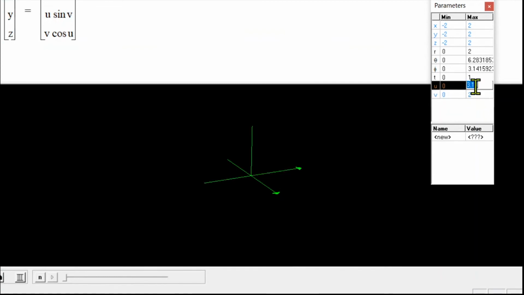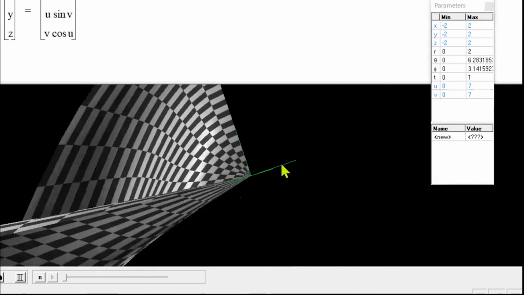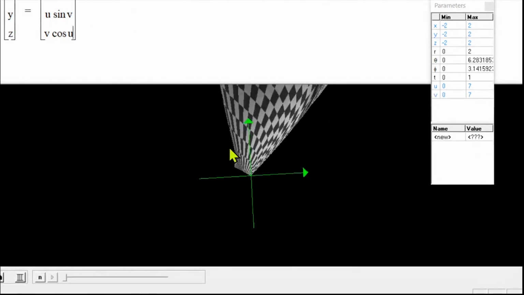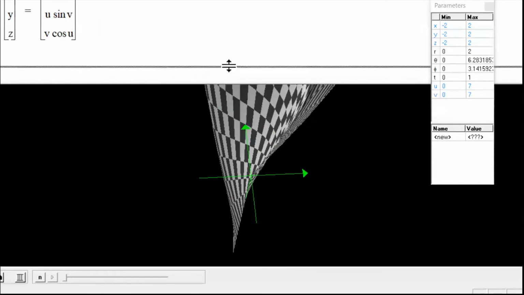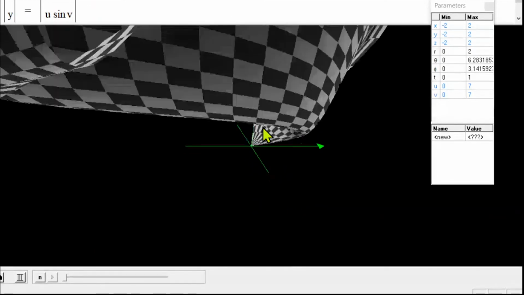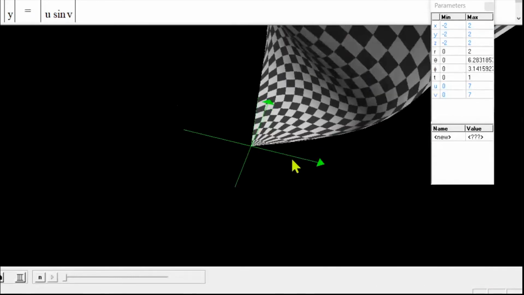Now let's have v go up to 7. Whatever that is, right? Holy cow, right? Look at that thing. Seven is too big.